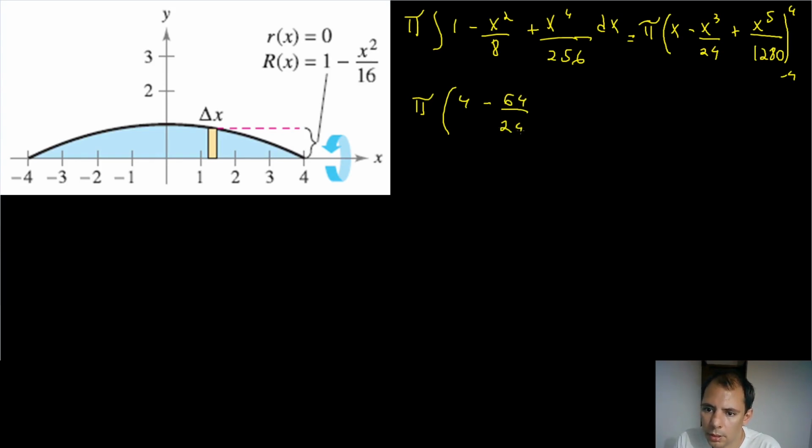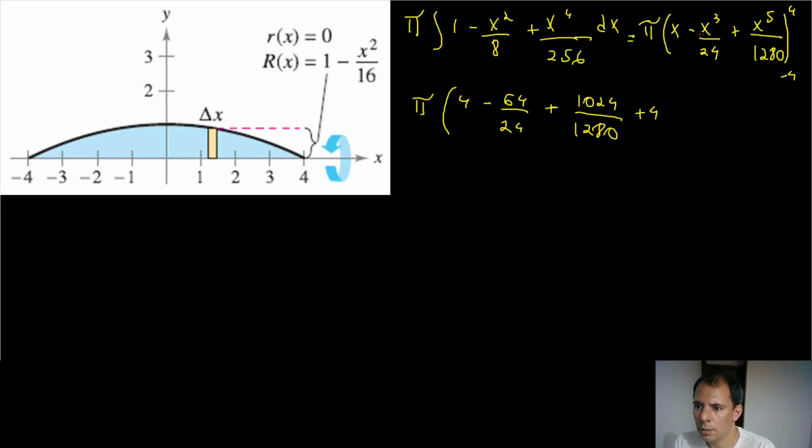Right now, I'm not going to simplify it. Plus 1024 divided by 1280. Now, oh yeah, maybe I made a mistake in that. I'm going to put a -4 here, with a minus plus 4.